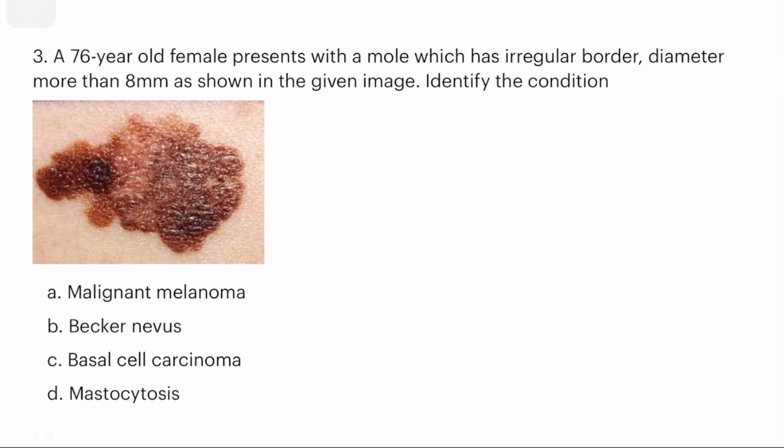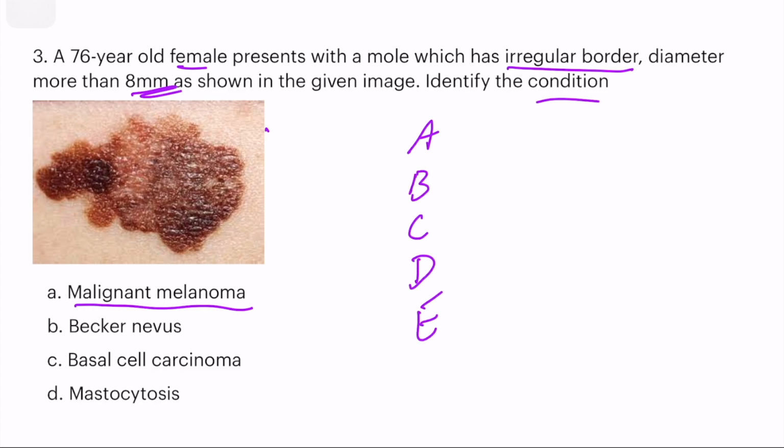Next question. A 76-year-old female presents with a mole of irregular border and diameter more than 8 mm. So, the image is given and they've asked to identify the diagnosis. So, the diagnosis is malignant melanoma, and we all know there's this A, B, C, D, E criteria.